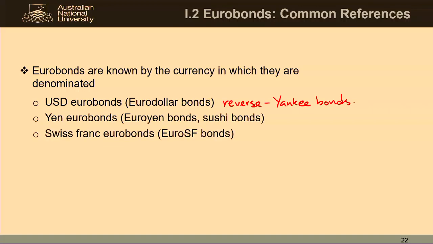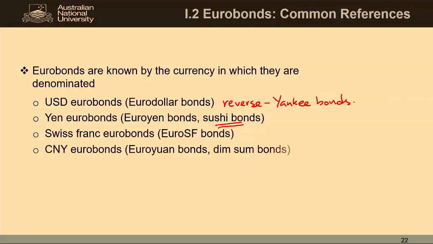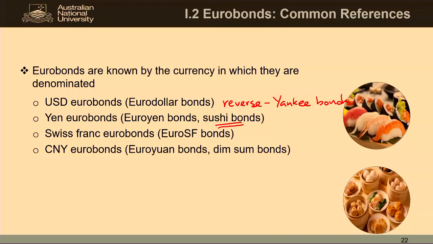Now that becomes a bit more interesting. Then they're called sushi bonds. Okay. And we also have Euro Swiss bonds, and we also have Euro yuan bonds, which are the dim sum bonds. So the dim sum bonds are essentially bonds issued by mainland Chinese corporations in Hong Kong specifically. They are issued in the Hong Kong market, and then they are called dim sum bonds.